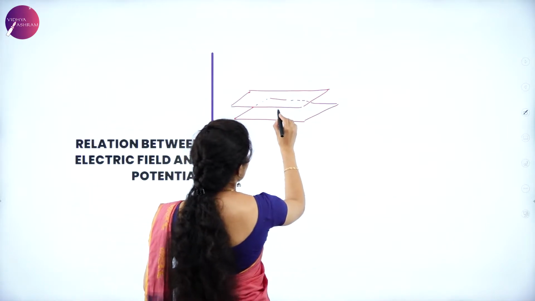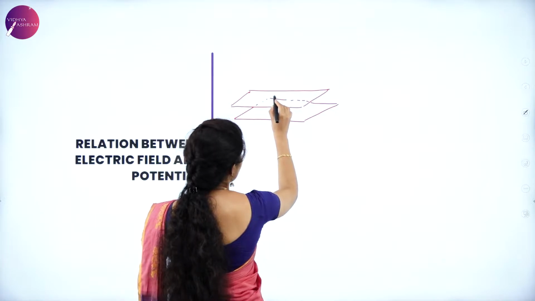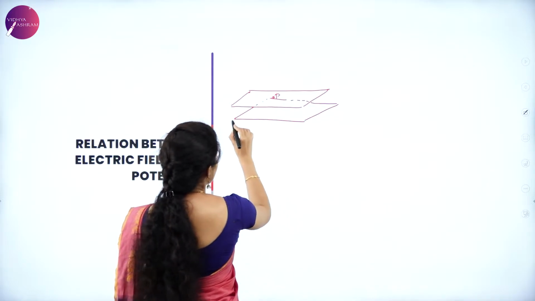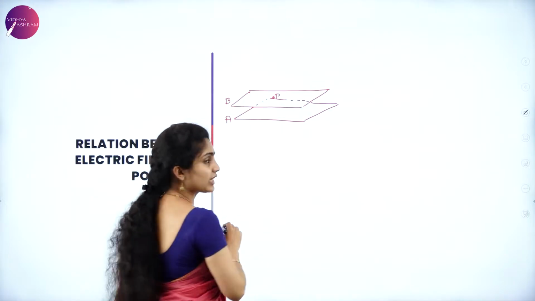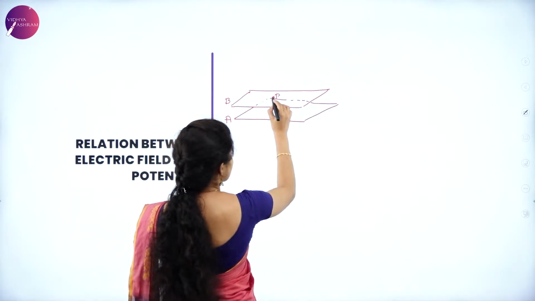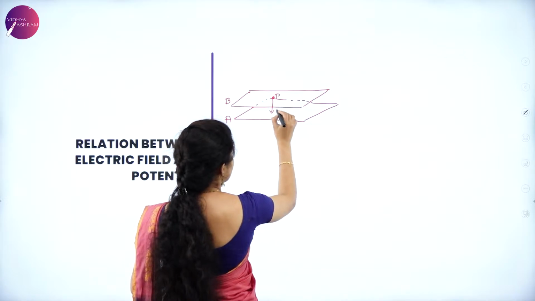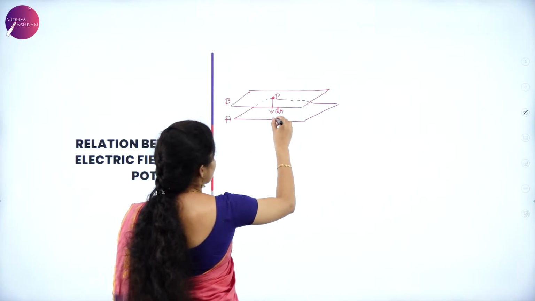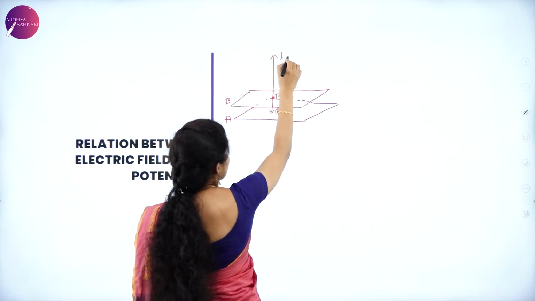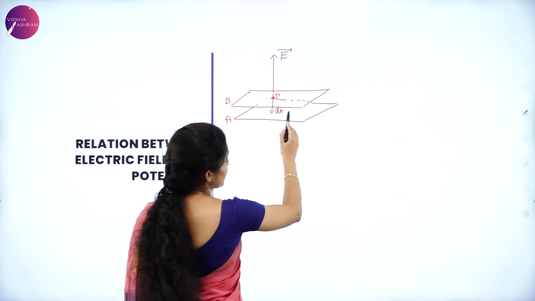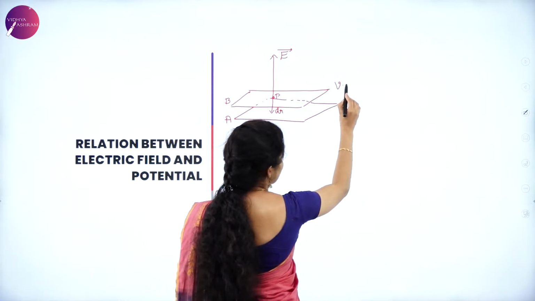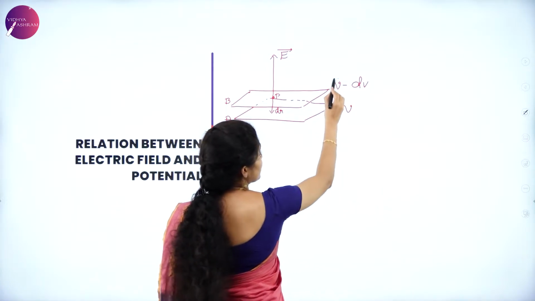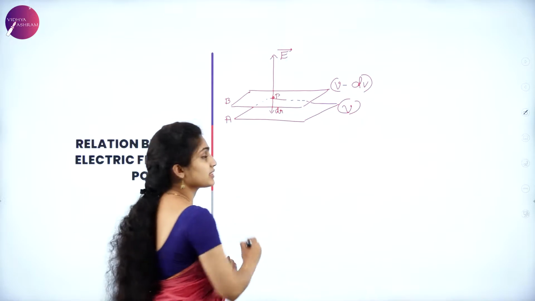So here there is a point P. So suppose if this is a point P, wherein this plate is known as A and this plate is known as B, and the perpendicular distance from point P to the other plate is said to be dr, and the electric field is upwards. Potential at A is V and the potential at plate B is V minus dV. So these two are the potentials and this is the electric field.